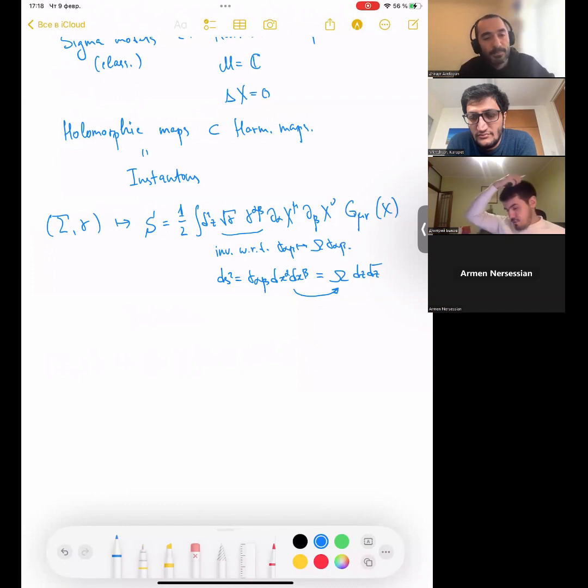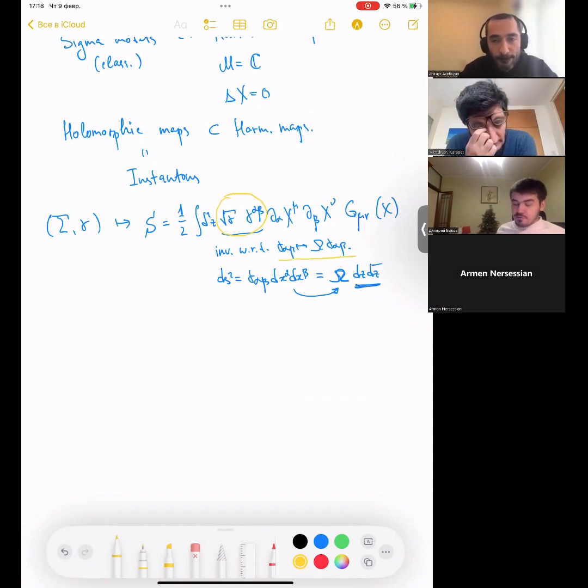So here I will always work in this conformal coordinate, z, z bar, because then you see the omega factor just drops out of this combination, because this is invariant with respect to scalings. And so effectively you have a flat metric entering the action.